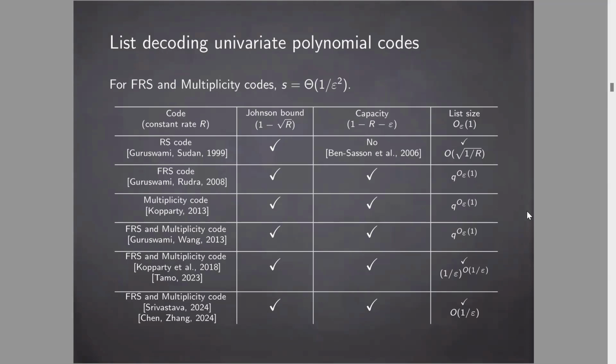Later, Kopparty and a few others, as well as a slight improvement by Tamo, showed that the output list size guarantee can in fact be reduced to a constant, which is exponential in 1 over epsilon. The state of the art that we now know, which is a very interesting development from just last year, promises that the output list size is in fact the optimal constant, linear in 1 over epsilon.